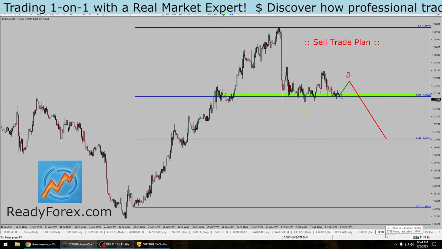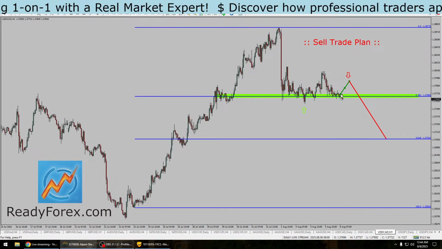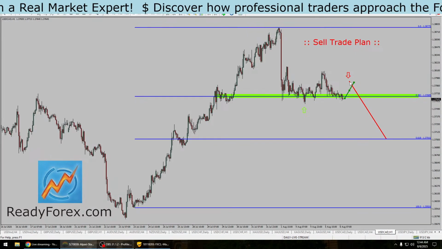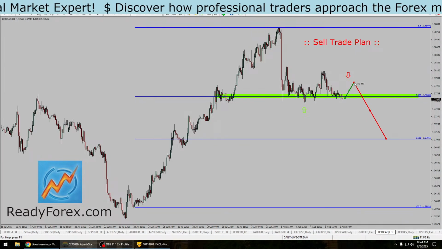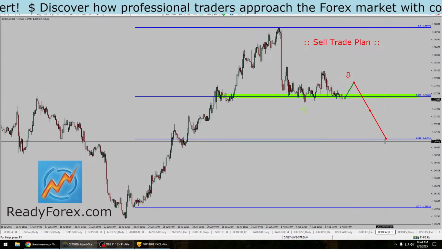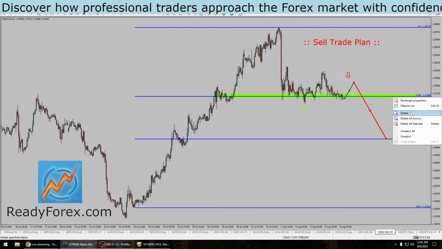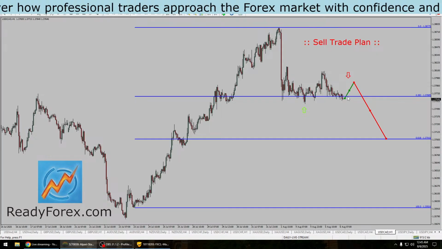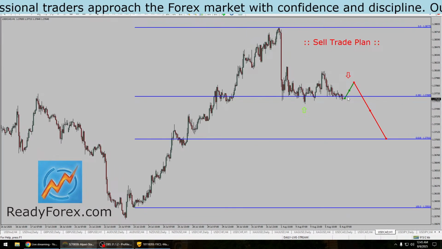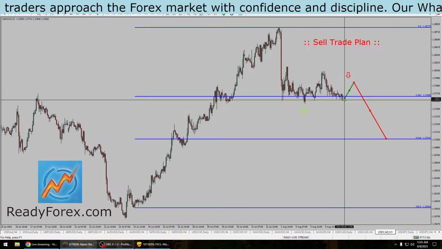So even in the 1-hour time frame, you see this is the sell trade plan. I'm waiting for the price action to move up a little bit, fill the sell limit pending order, and then drop over here. Right now price action is just hovering around the 0.32% Fibonacci retracement level. So let's see.